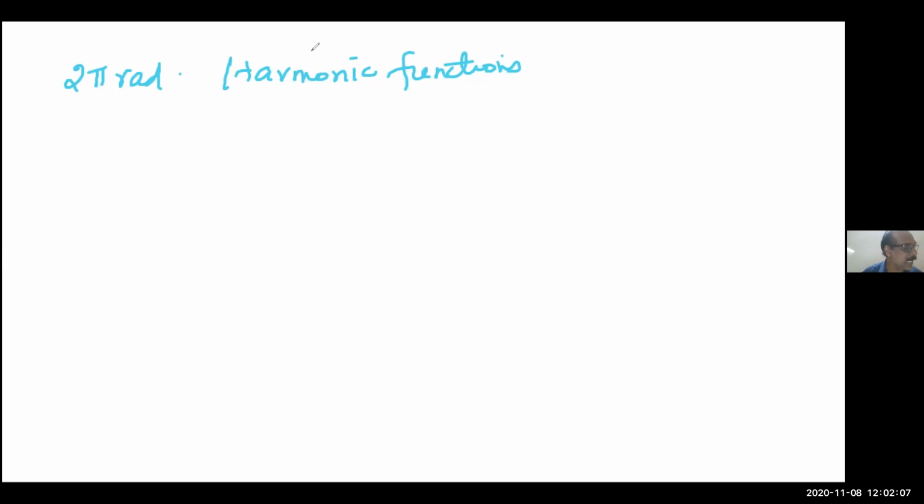Here the oscillatory motion can be expressed in terms of these harmonic functions, and these are called simple harmonic motion.